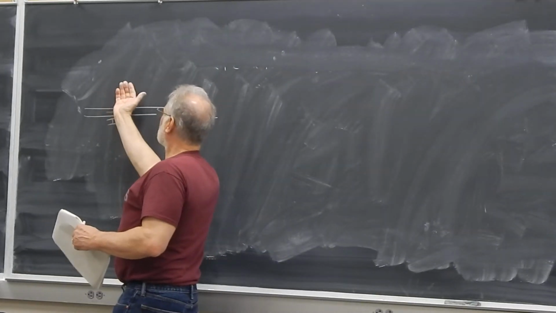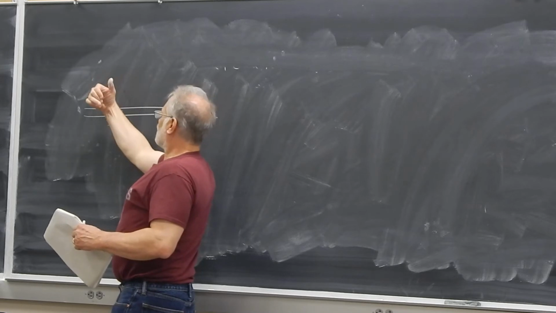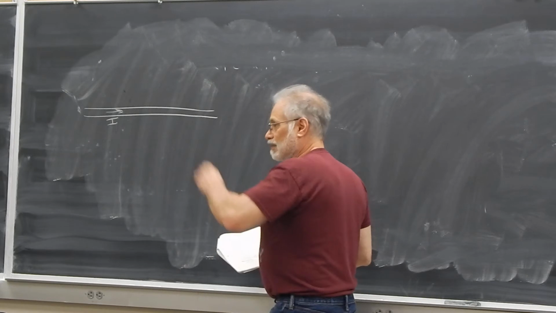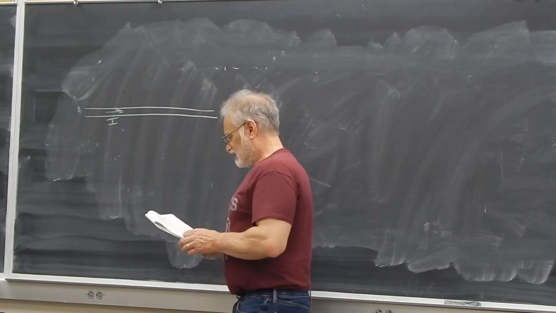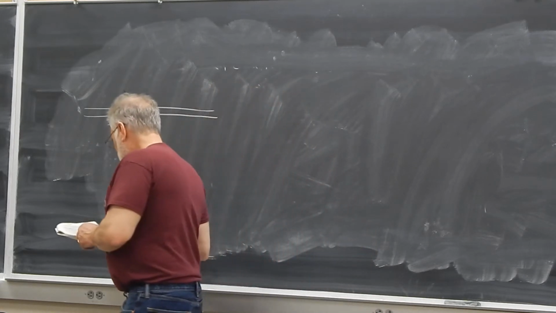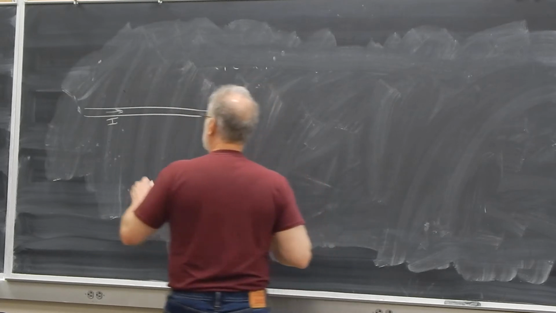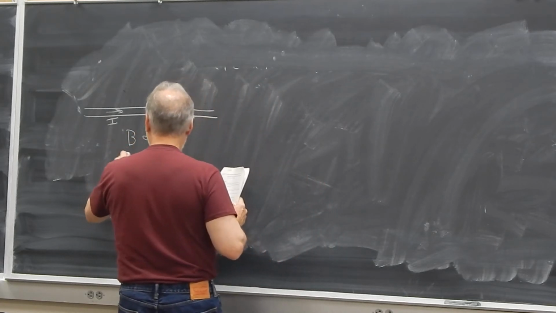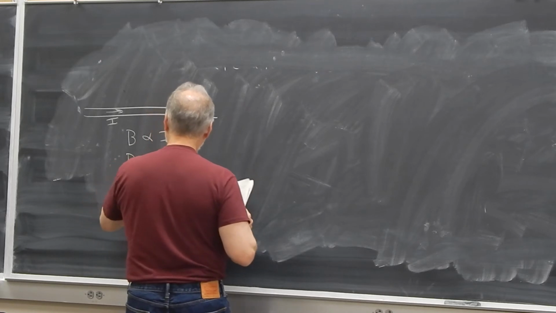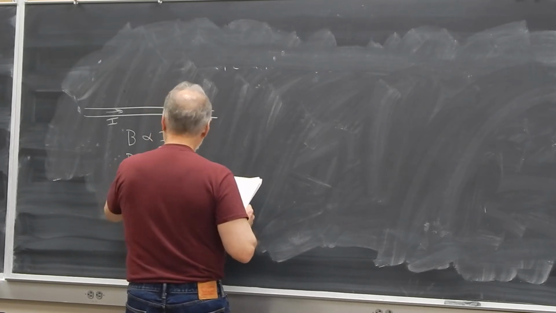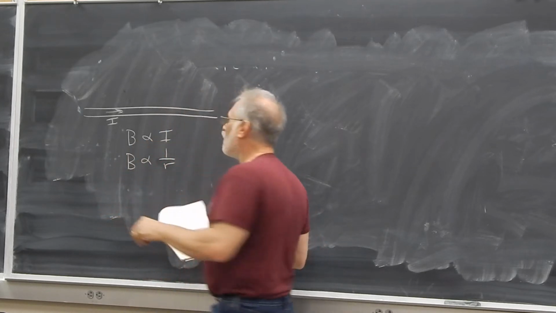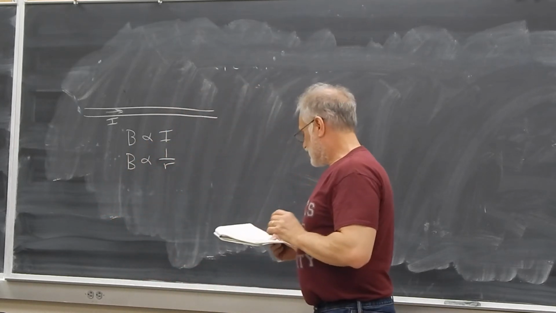If I look at the blackboard, the field comes out of the board over the top, goes into the board at the bottom of the wire, such that we have concentric circles. Moreover, if we vary the current and the distance from the wire, we find that the magnetic field is proportional to the current and 1 over the distance from the wire.